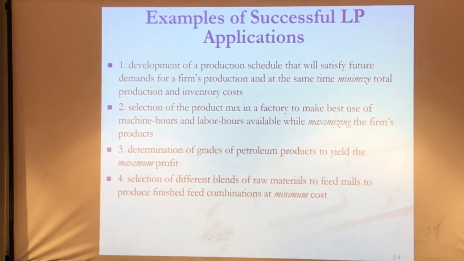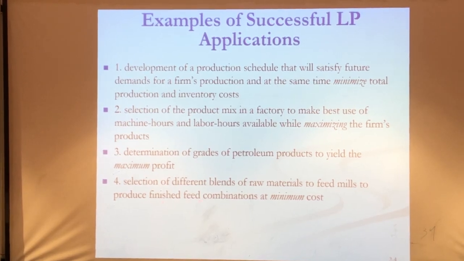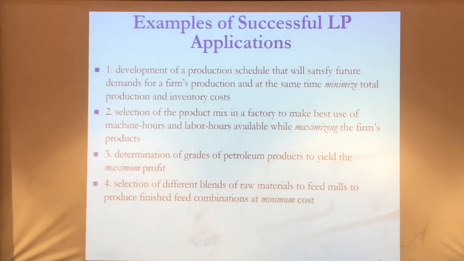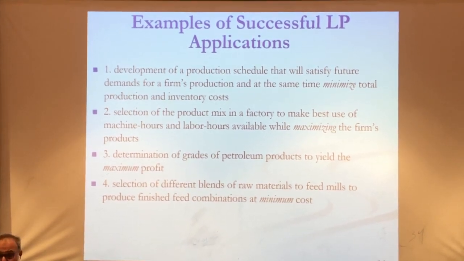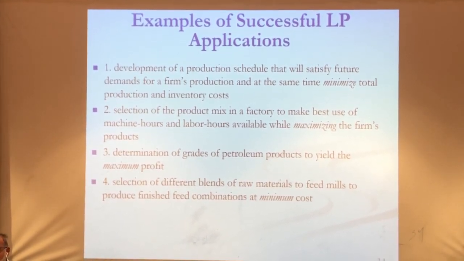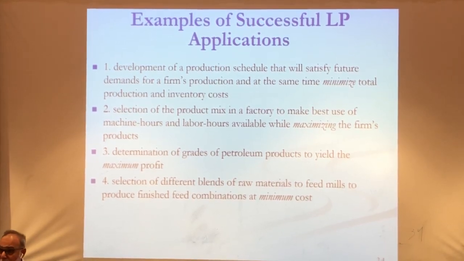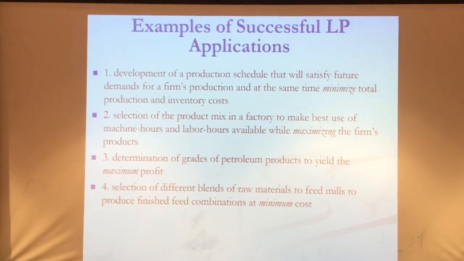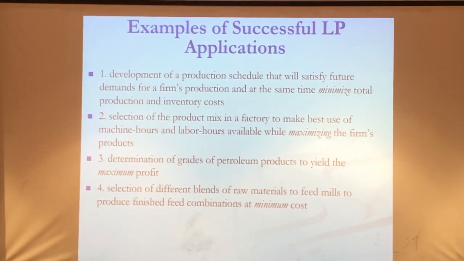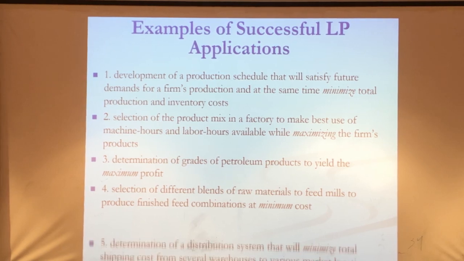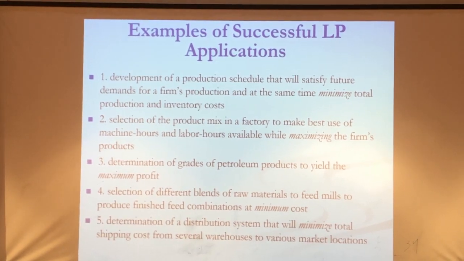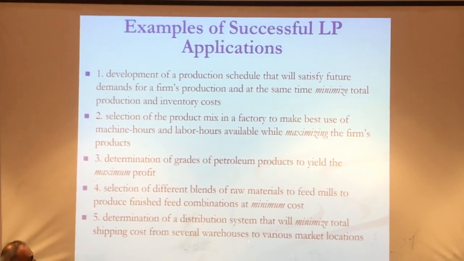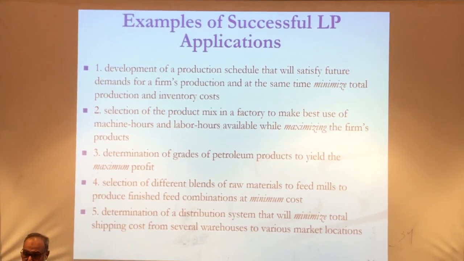Selection of different blends of raw materials to feed mills to produce a finished feed combination at minimum cost. We may have blending of cloths, cotton, polyester, wool, etc. How much to mix to minimize the cost. Determination of a distribution system that will minimize total shipping costs from several warehouses to various market locations.